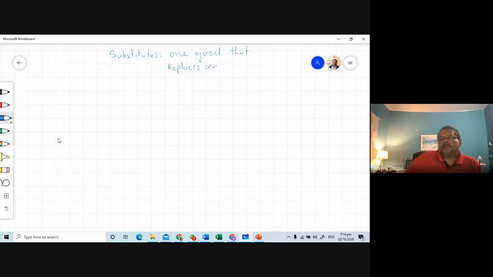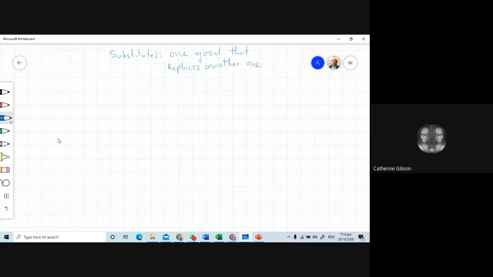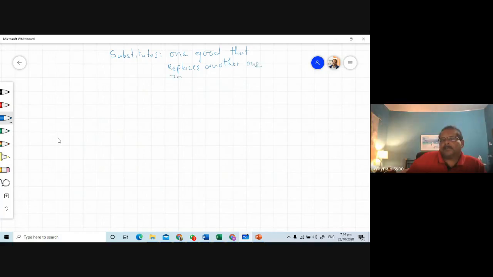Well, we wouldn't want to compare it like that. So check this out. One good replaces another one in terms of its use, and it must do so completely, in the sense that it can't only partially replace the other good. It has to wholly replace the functions of the other good. That makes sense?